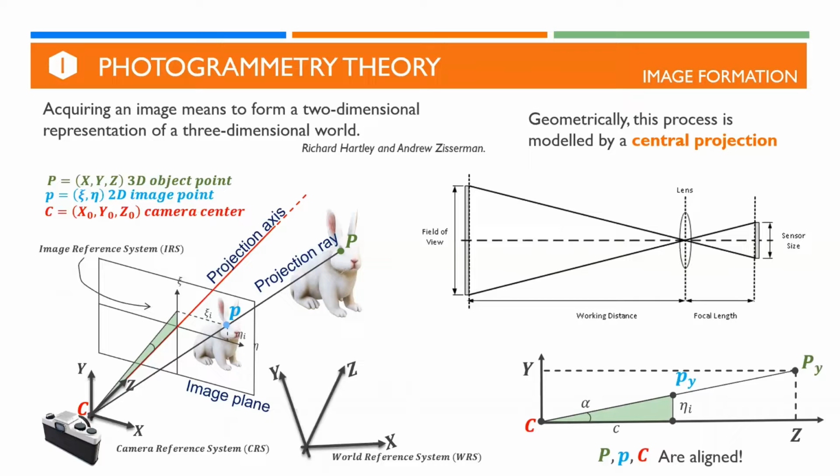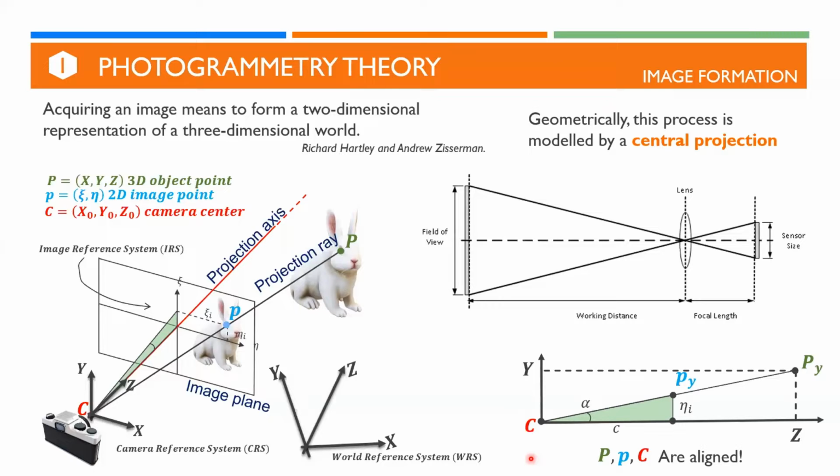But the most important thing is that P in the capital letter, p in lowercase, and C are aligned on the same projection ray.